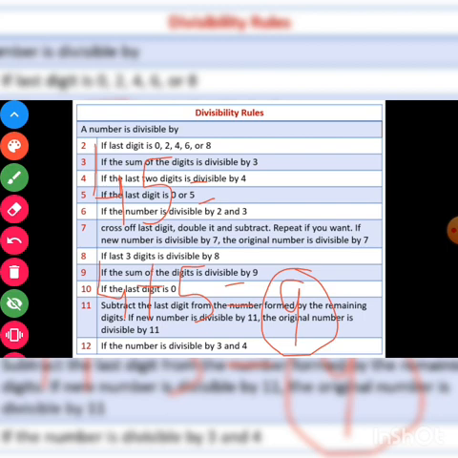So for the divisibility test of 3, what you will do? You will add the digits of the number and then check whether the sum is divisible by 3 or not. And if it is divisible, then you will write that it is holding the divisibility test of 3.